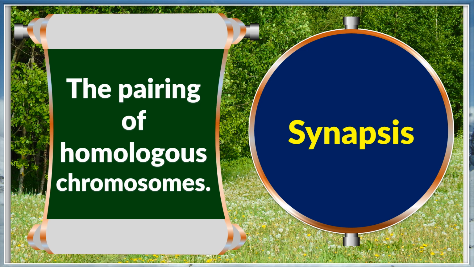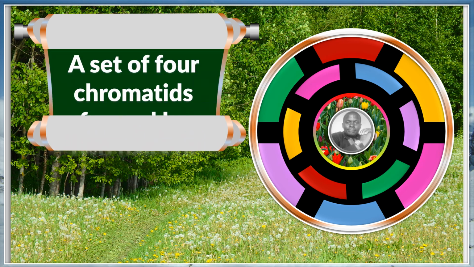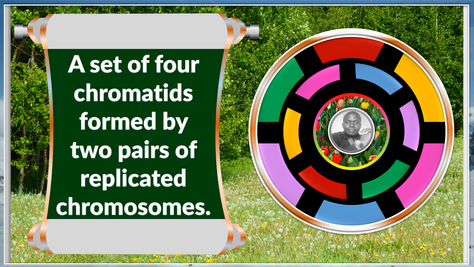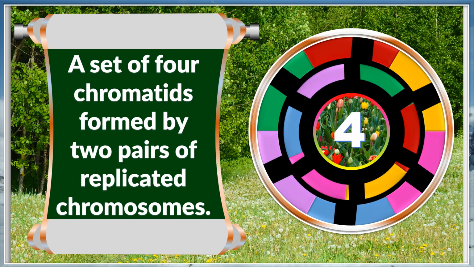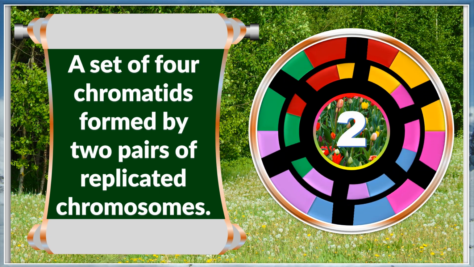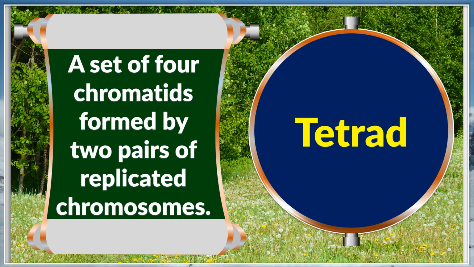Synapsis. A set of four chromatids formed by two pairs of replicated chromosomes. Tetrad.